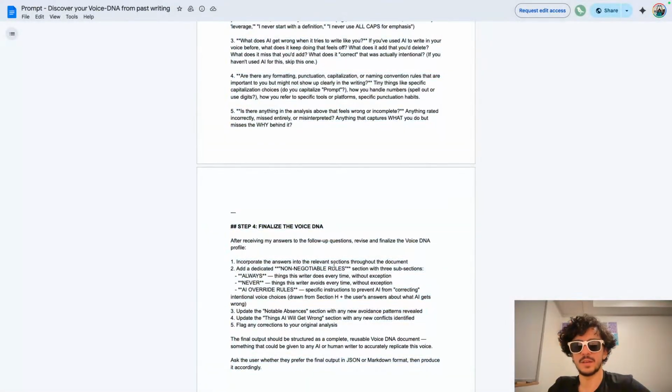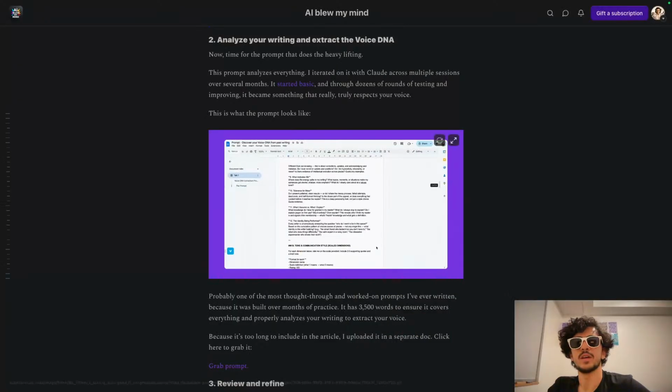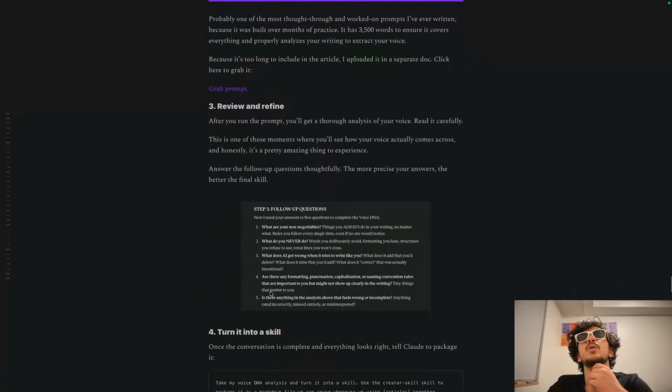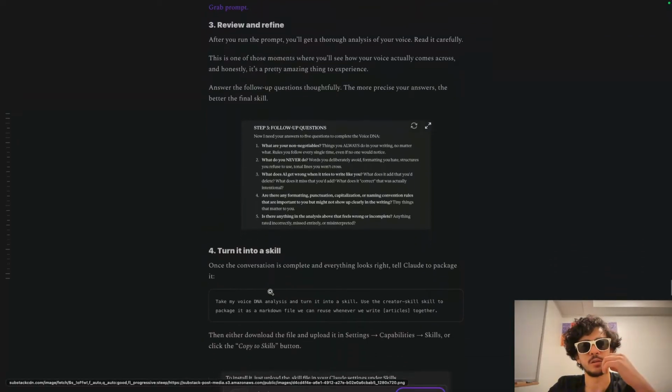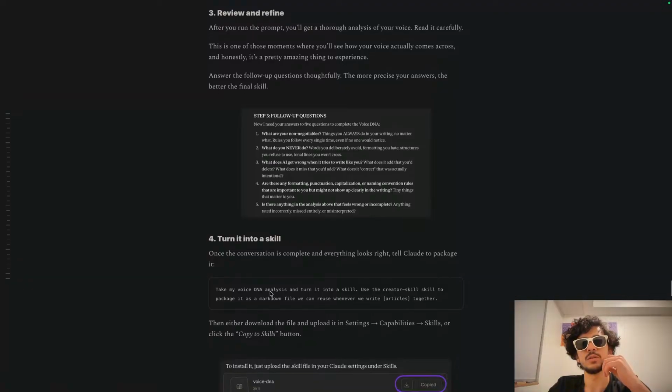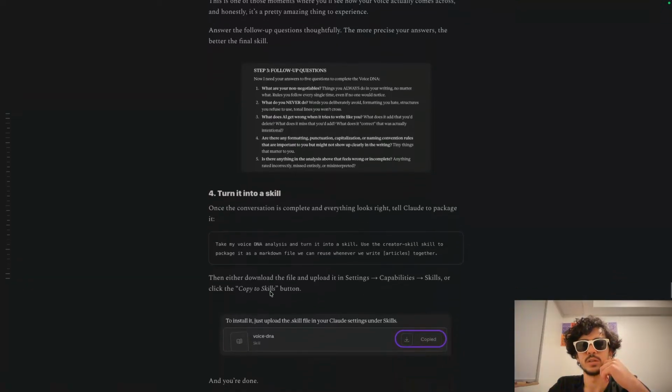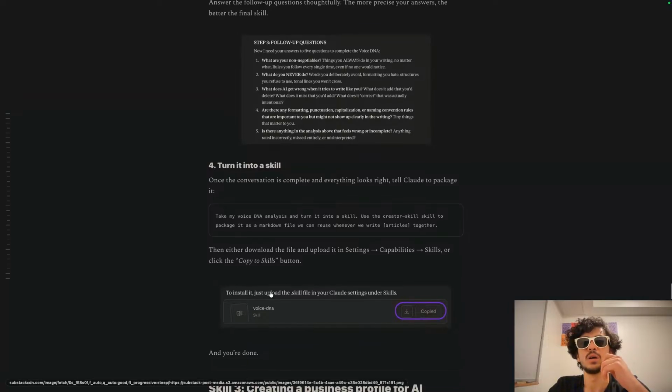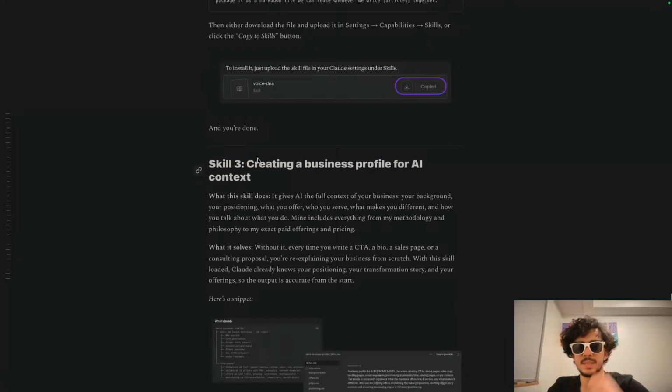Let's read ahead and see what is the next step. Review and refine. We gotta take a look at the generated article or skill to see what it does. Turn it into a skill. Okay, this seems quite easy.